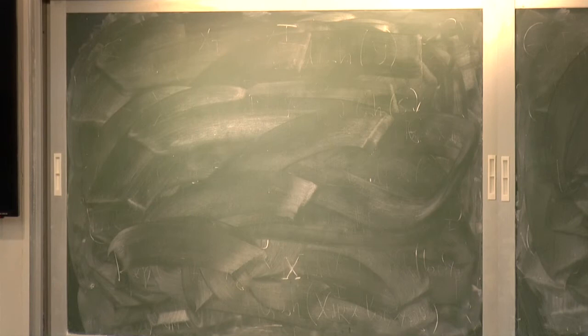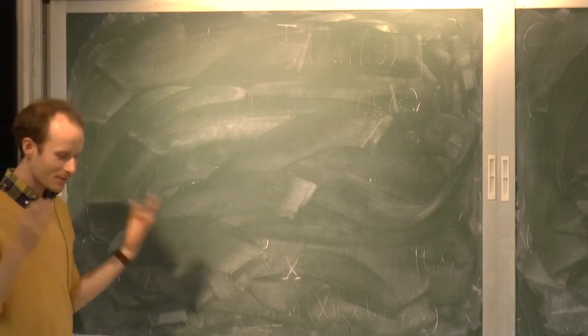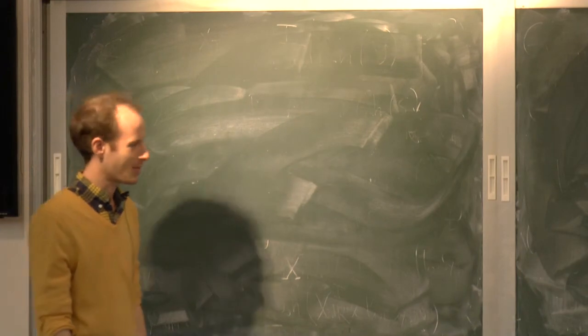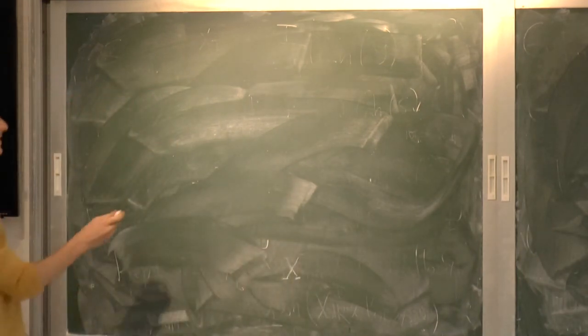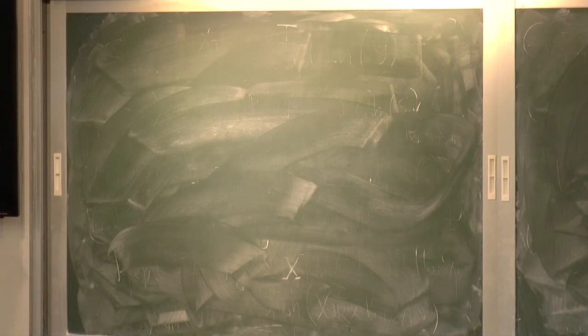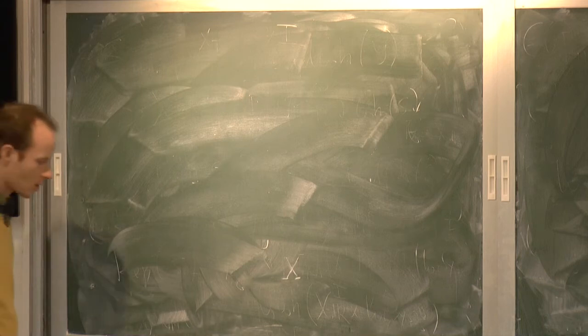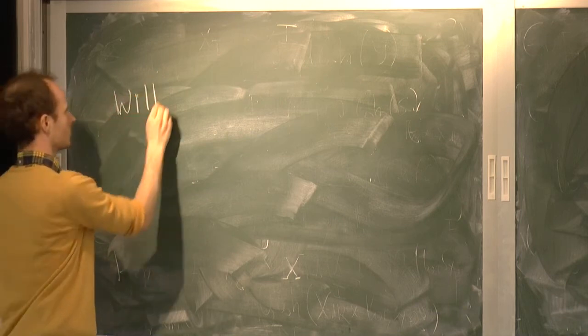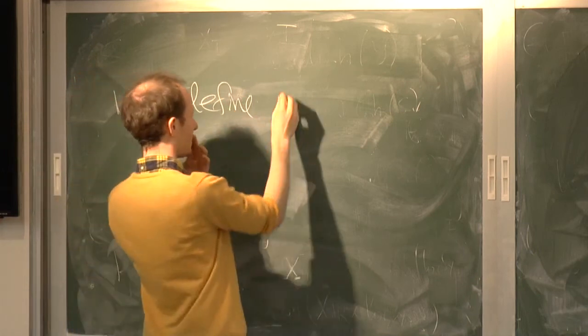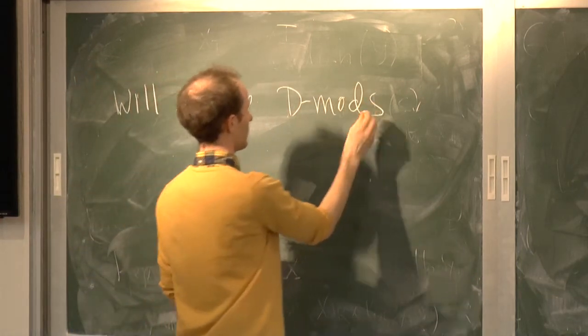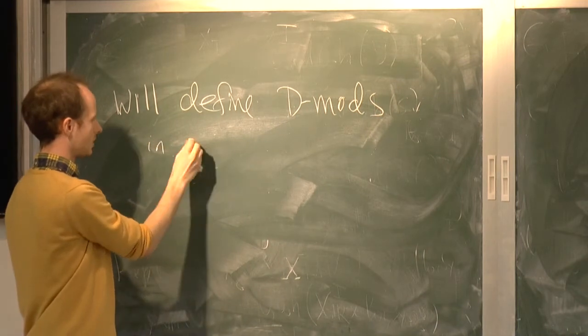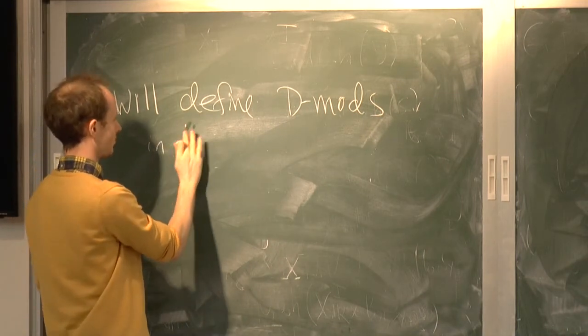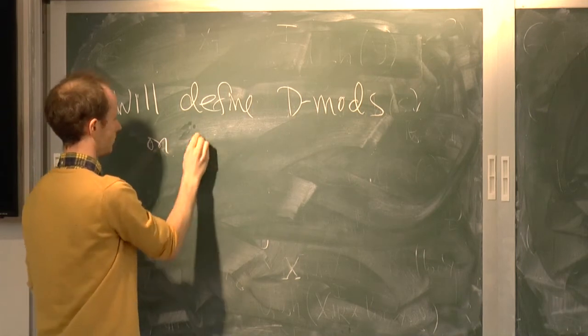So maybe there are only so many new definitions of sheaves that a person can take in 3 days, but despite that, you haven't seen anything yet. Okay, so what I want to do is define D modules in just brutal generality, so on any pre-stack.